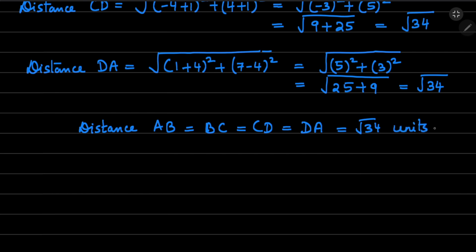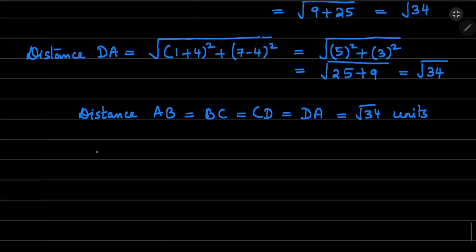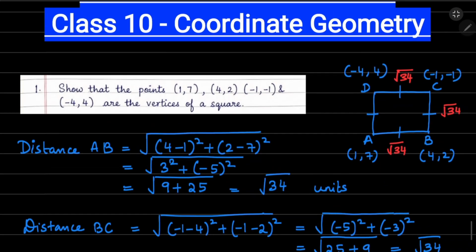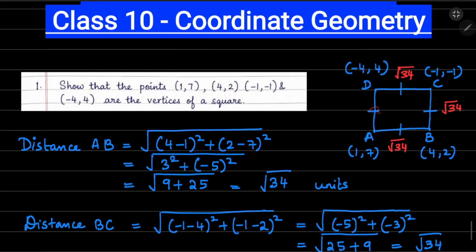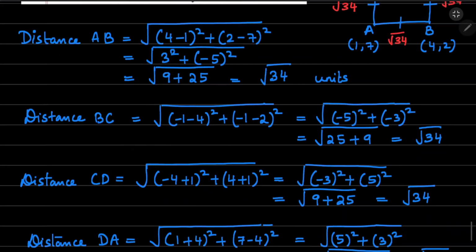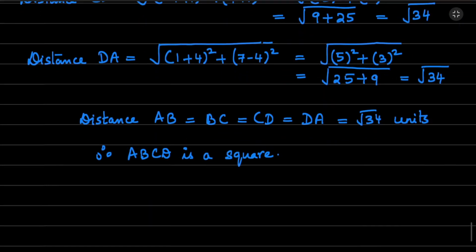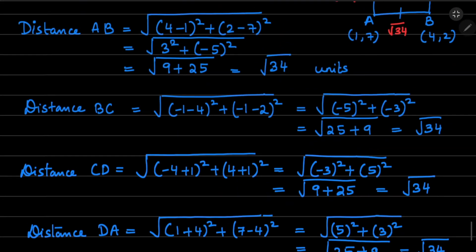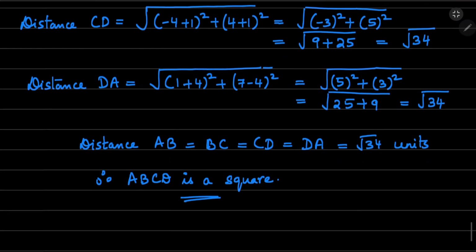And if all the four sides are equal, therefore you can write that ABCD is a square. So you have proved that the given points are the vertices of a square, using the distance formula. I hope you understood. So this is how you have to do.